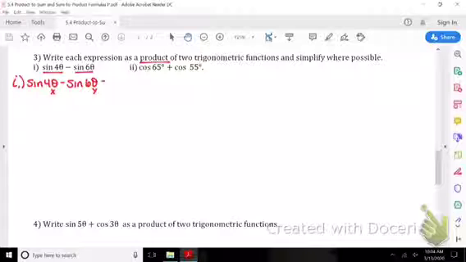It tells us, is it sine minus sine? It's the last one in that sum to product formulas. It tells us we're going to take 2 sine of X minus Y, so 4 theta minus 6 theta, all over 2, cosine of X plus Y, so 4 theta plus 6 theta, all over 2.